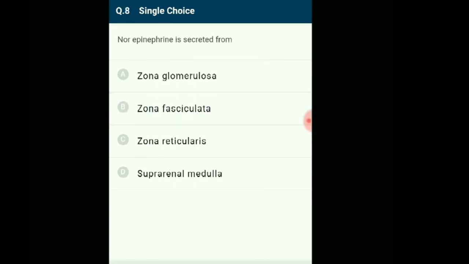Question number 8. Norepinephrine is secreted from. The adrenal gland is also called the suprarenal gland. Each gland consists of two parts, an inner medulla which produces epinephrine and norepinephrine, generally called adrenaline and noradrenaline, and an outer cortex that produces the steroidal hormones. So the answer is option D, suprarenal medulla.